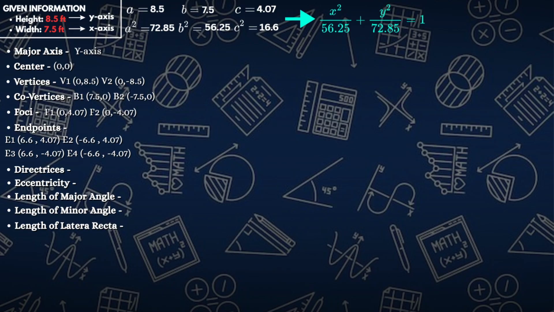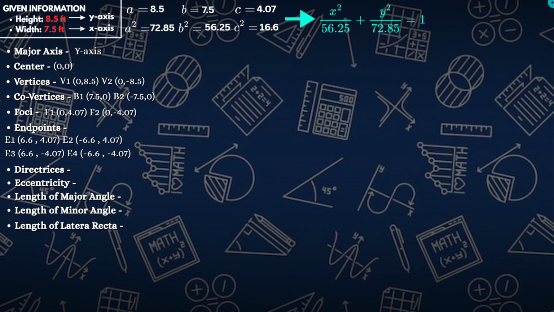For our endpoint 4, we have to use h minus b squared over a and k minus c. Let's input that in our calculator. H, which is 0, minus b squared over a, which is 6.6, gives us negative 6.6. And for the y-coordinate, which is k minus c, 0 minus 4.07, that would give us negative 4.07.